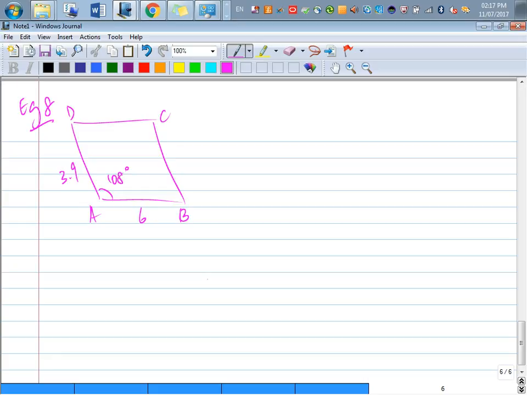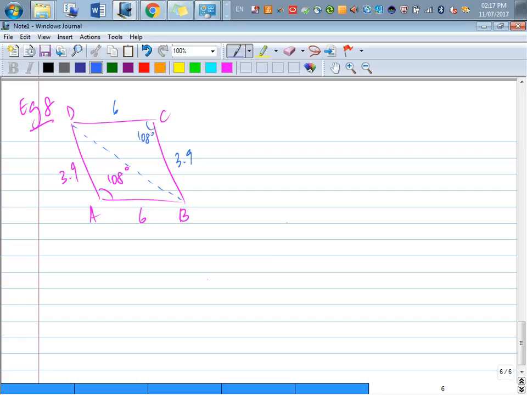So yes, we can split it into 2 equal parts this way. So now you have 2 congruent triangles because this side is also 6, this side is also 3.9, and this is 108 degrees. Right? The opposite sides have the same length, opposite angles are the same.